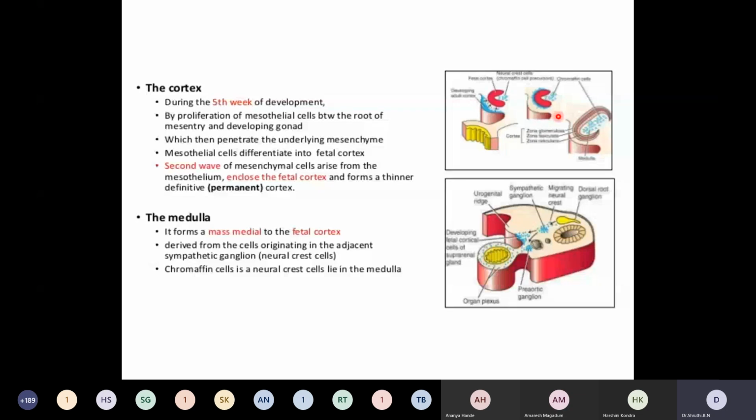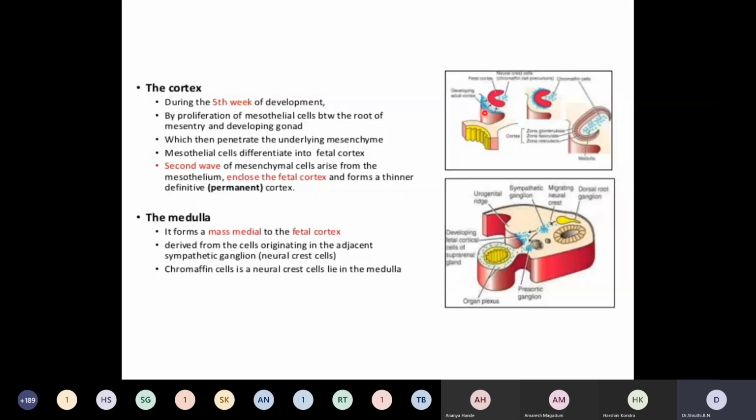So now you know that the cortex is mesodermal in origin, whereas the medulla is from the neural crest. By the 45th day, the sympathochromaffin cells derived from the neural crest enter the fetal cortex from the medial side, and these cells differentiate to form the adrenal medulla.